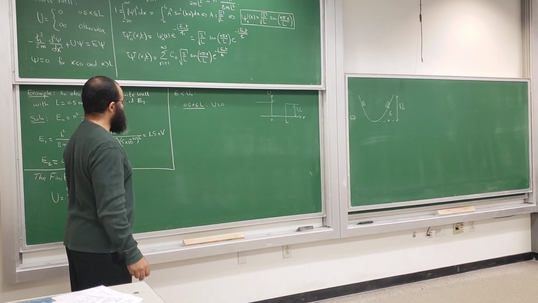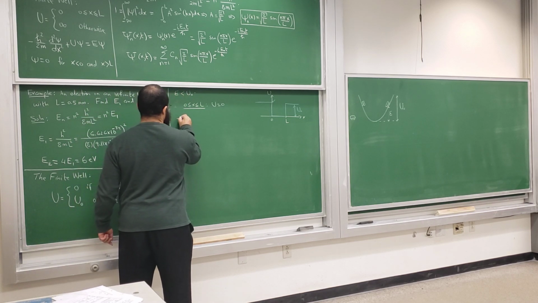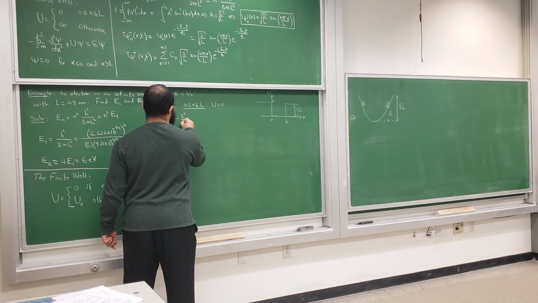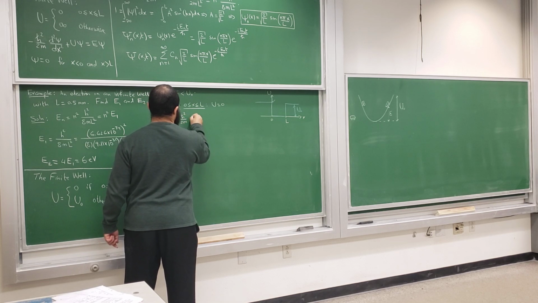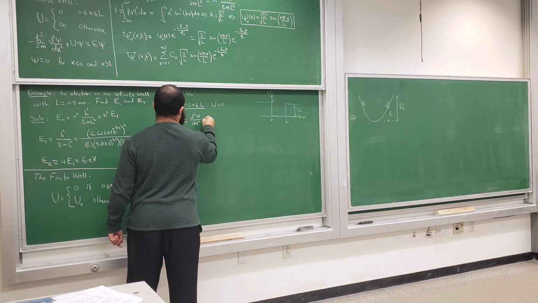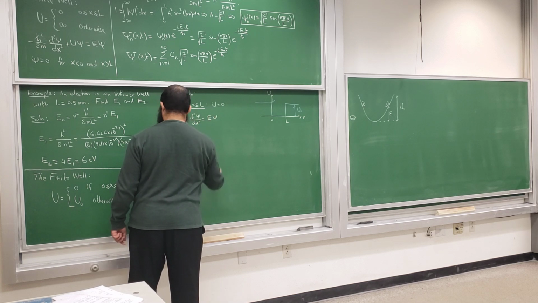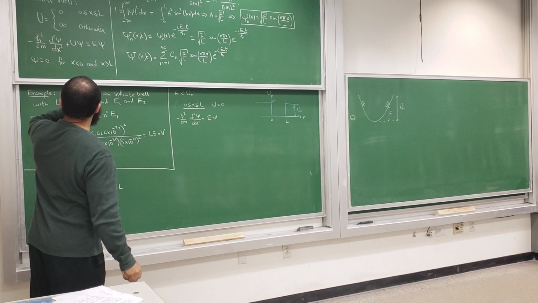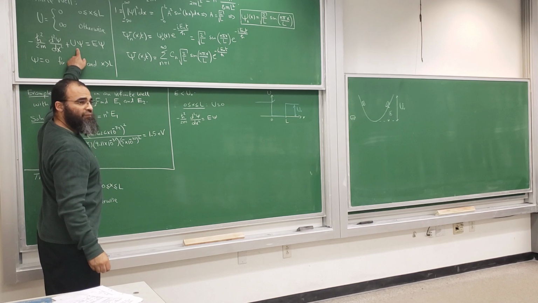The potential is 0. So that means the Schrodinger equation is going to be minus h bar squared over 2m, second derivative of psi dx squared is equal to E psi, right? Because u is 0.